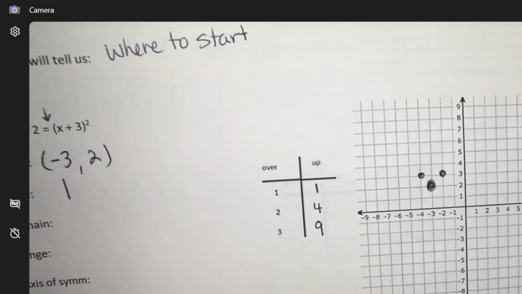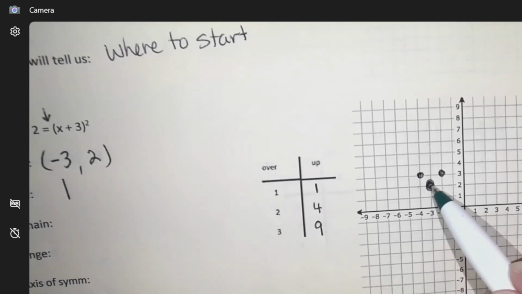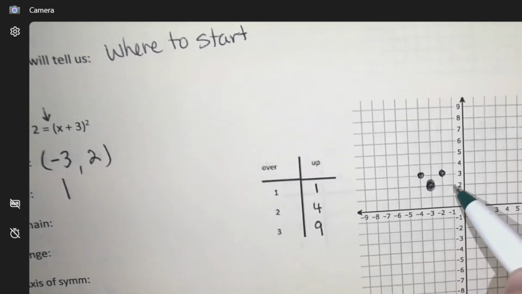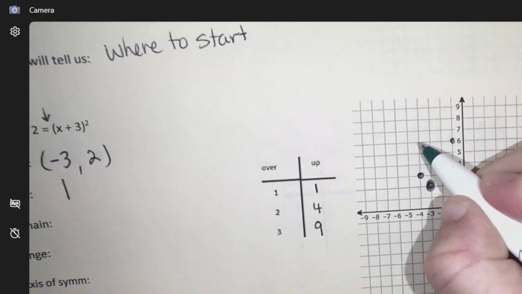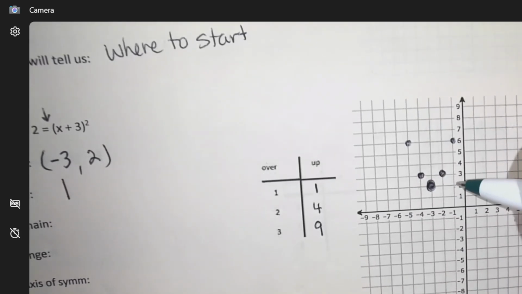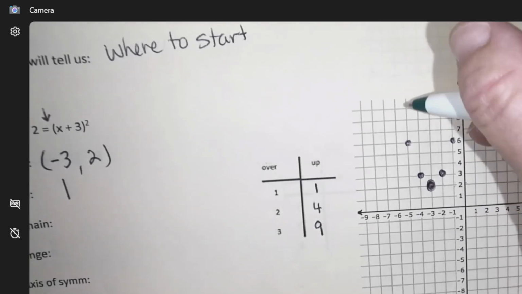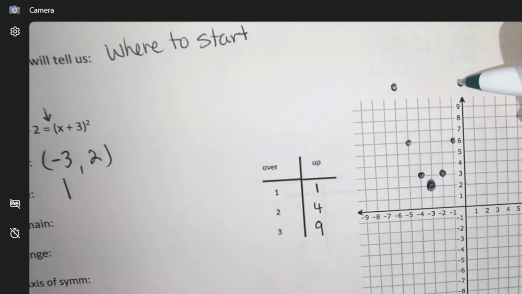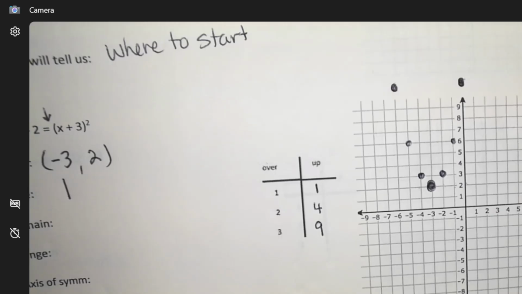Okay, this is important. You always have to reset. So we're going to go back to the start, back to the vertex. Okay, go over 2 and up 4. And then the next set is just a little bit off the grid, right?